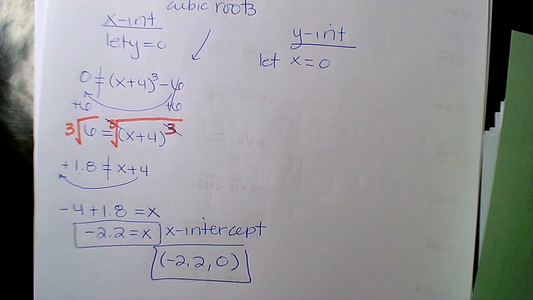If we're finding the y-intercept, would you have to FOIL it? No, because the x goes away since you substitute 0. So it would be 4 cubed? Yes. And then that 6 at the end.